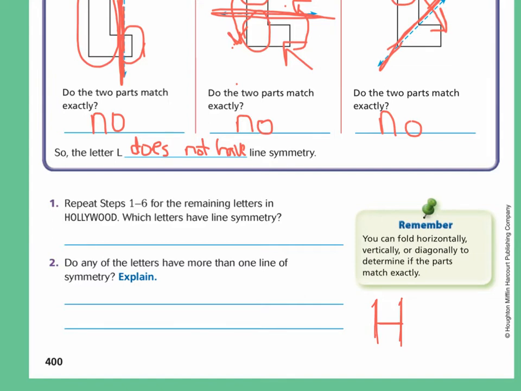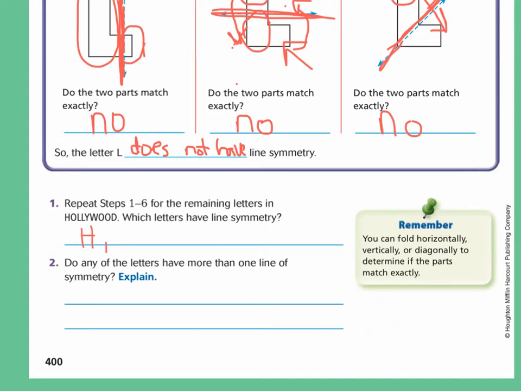If I were to go this way or the other way, those parts do not match. So H, yes, does. I'm going to add H right here. So H would work. Let's see if we can find any others.